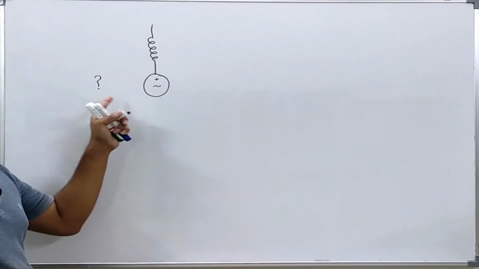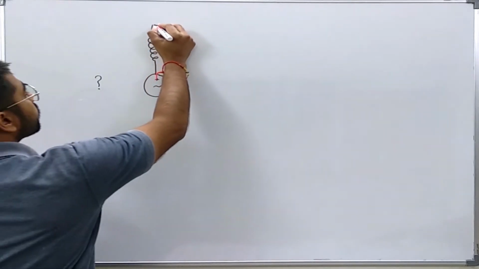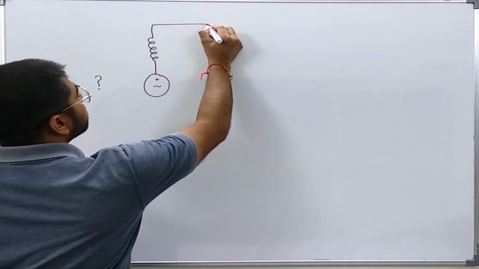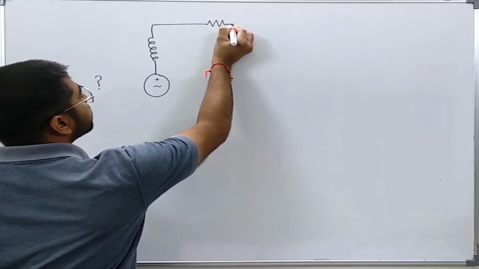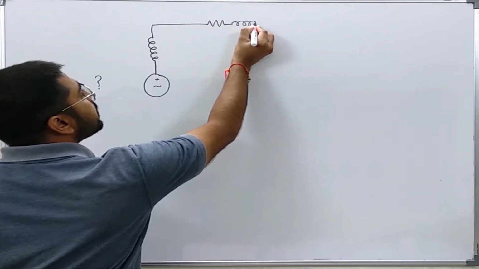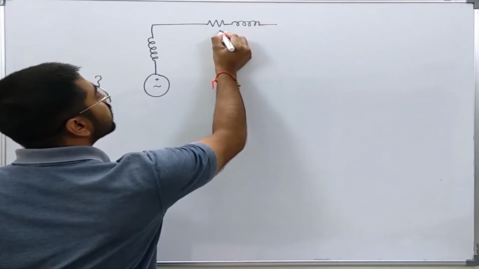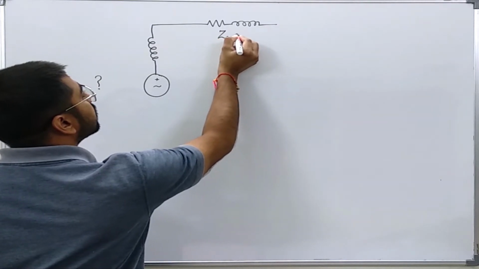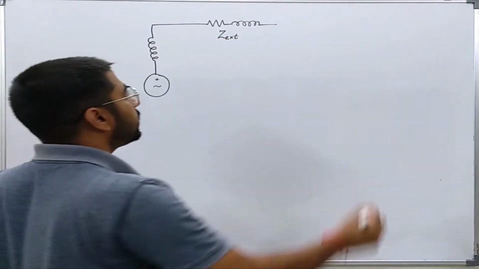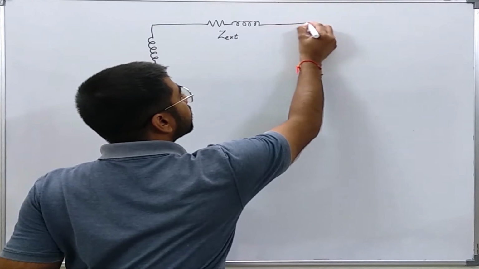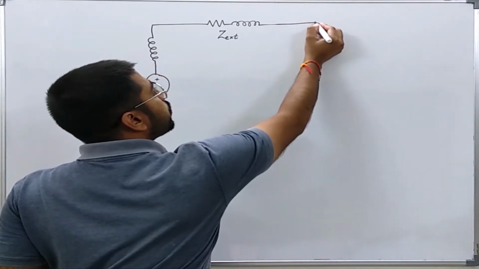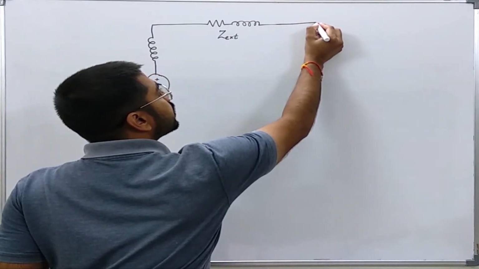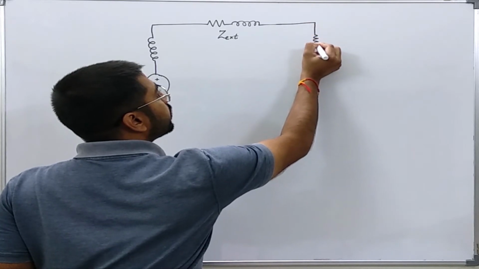Let us say it is not known, and this is some external impedance. Let us say this is the impedance of the transmission line, and there is now the load.